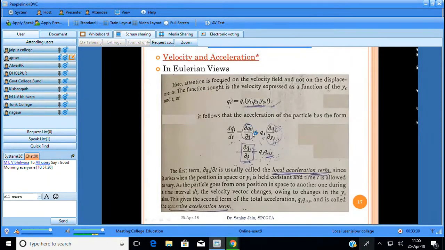So yi is not working here, only t is used. The first term del qi over del t is called the local acceleration term since it arises when position or space yi is held constant. But in the case of the second term, t should be treated as constant and yi should be treated as variable. So the second term is called the convective acceleration term. Clear?